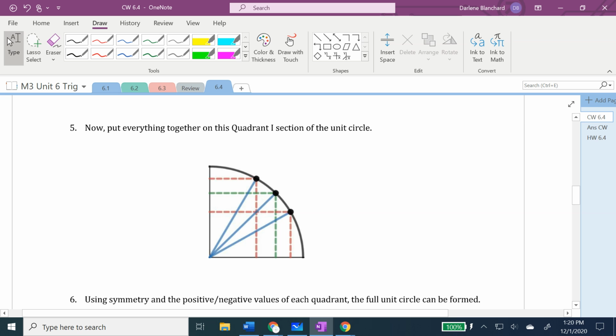So here we go. In quadrant 1, this angle right here is 0 degrees. This angle is 90 degrees. If I cut the quadrant in half, that's cutting 90 degrees in half, and I have a 45-degree angle.